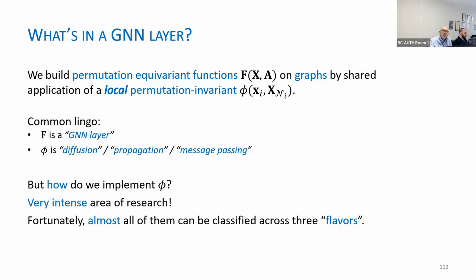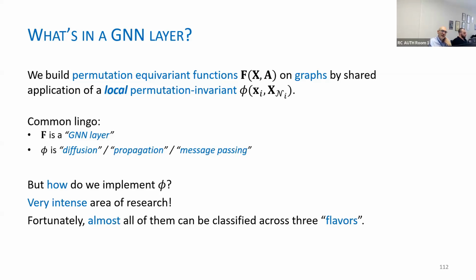And to obtain this, we normally have some local permutation invariant function phi. So the idea is that this function phi that we apply at the node level is invariant to permutation, and then we stack together these responses for each node. We stack them together and we obtain this equivariant function at the graph level.